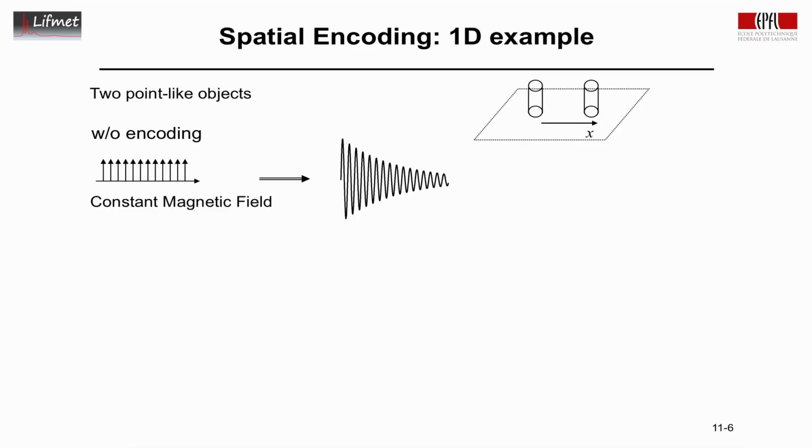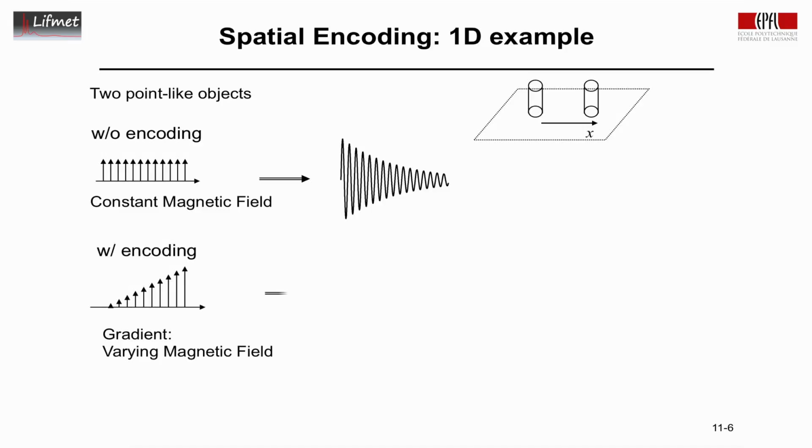The frequency is the Larmor frequency, and the decay is T2. Now if we apply encoding along X, so a gradient along X, the magnetic field varies linearly with space, and this now produces an oscillation of two frequencies.